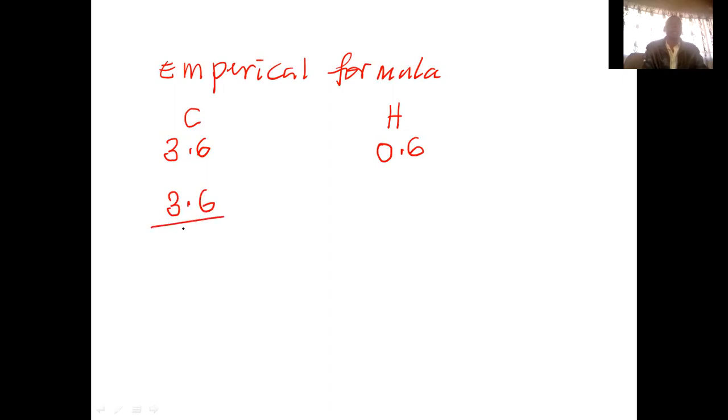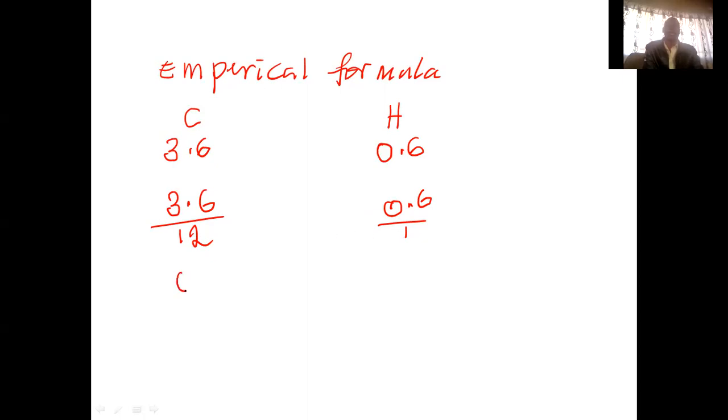So the relative atomic mass of carbon is actually 12. And the relative atomic mass of hydrogen is 1. So we are going to say 3.6 divided by the relative atomic mass, that is for carbon, 12, and 0.6 over 1, which is the relative atomic mass of hydrogen.